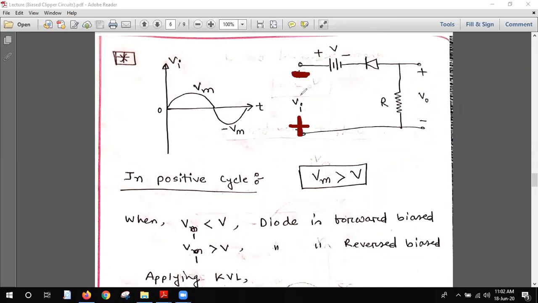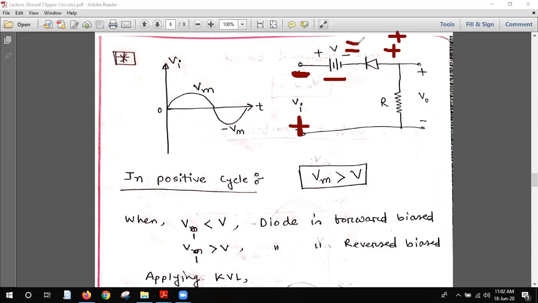So if you see, sir, for the negative cycle, for this input voltage, this is plus and this is minus, and also for this DC voltage, this is plus, this is minus.